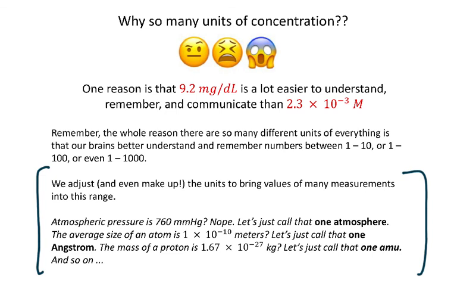And we're just going to call that 1 atmosphere. The average size of an atom is 1 times 10 to the minus 10 meters. Nah, we'll just call that 1 angstrom. The mass of a proton is 1.67 times 10 to the minus 27 kilograms. Yeah, let's just call that 1 AMU, and so on, right? So we do this all the time.